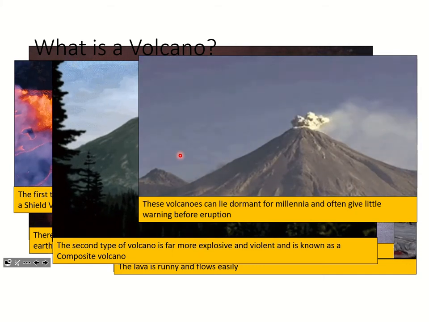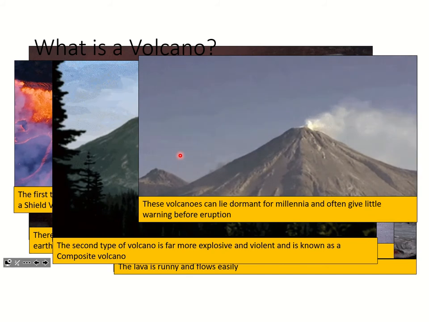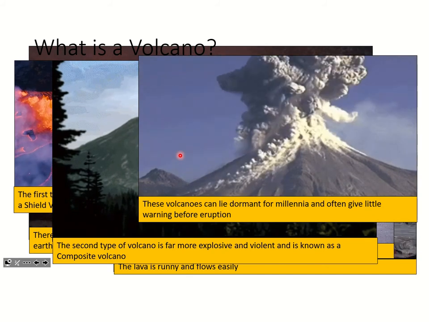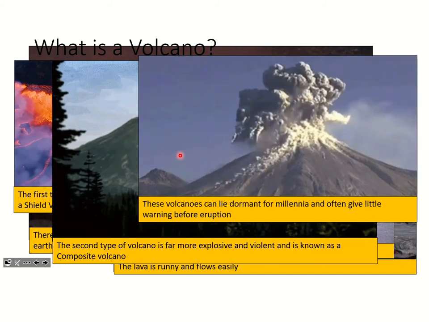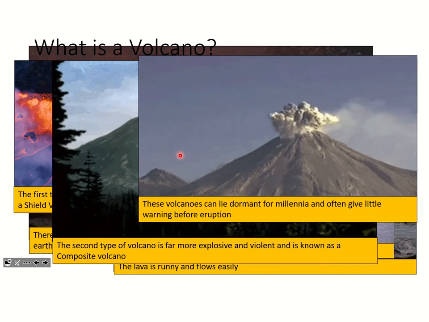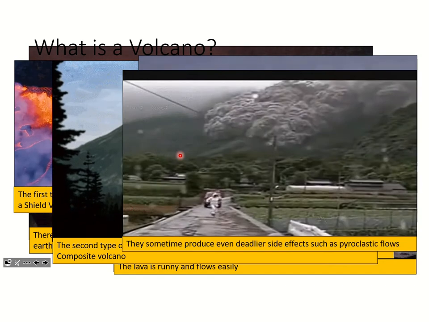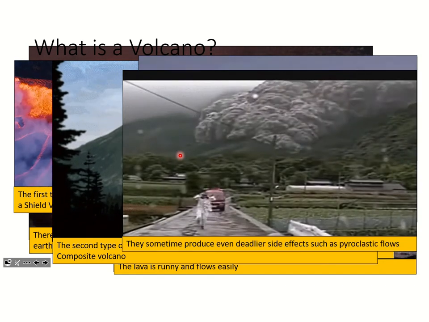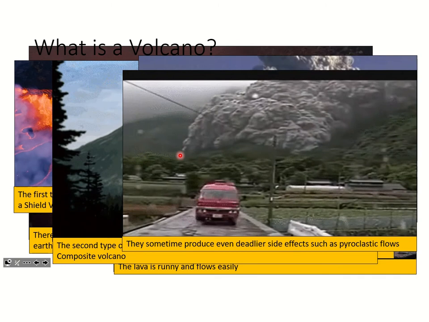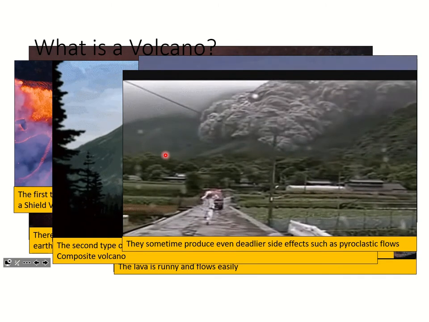Volcanoes like this can lie dormant, that means sleeping, for thousands of years. And sometimes we don't even know that they're a volcano before they explode, which is quite scary. Volcanoes like this can create some really terrifying side effects, such as this pyroclastic flow.